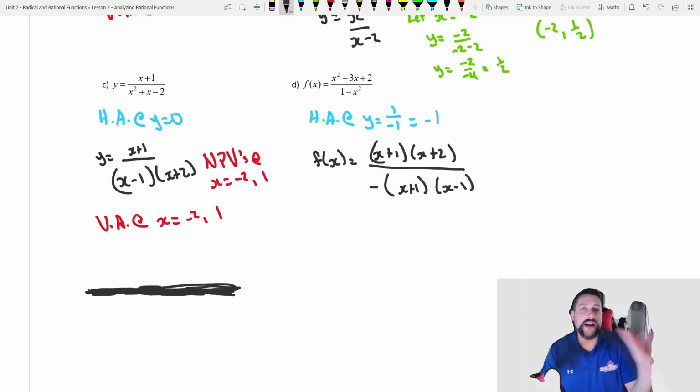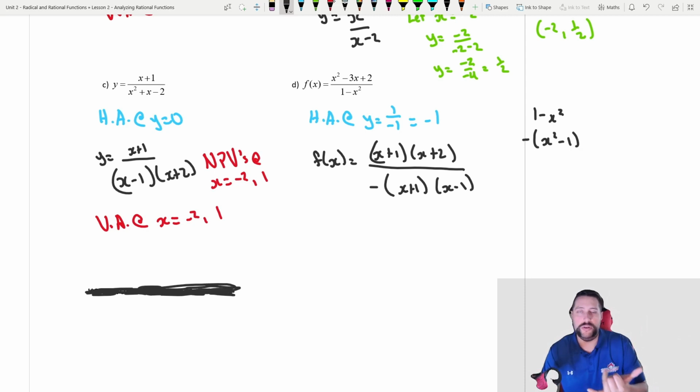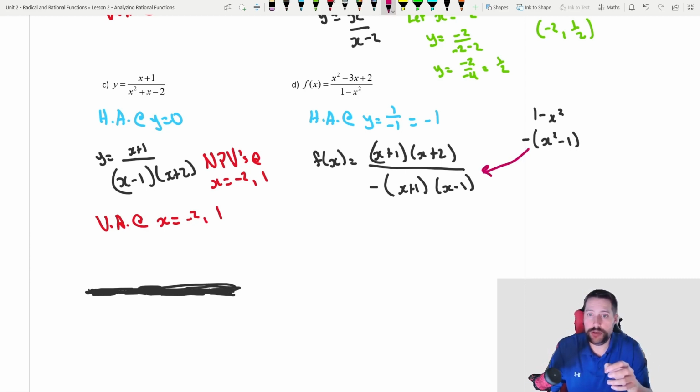What I did is factor out the negative so that it would switch the signs. The 1 minus x squared becomes negative, x squared minus 1. I just factored out a negative so it would switch the signs, which makes it easier for us to cancel.